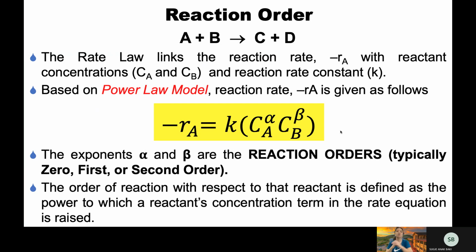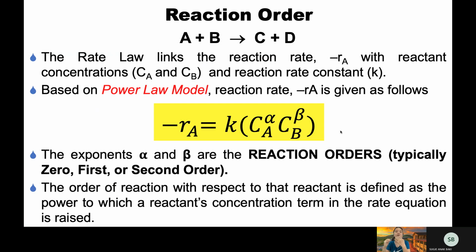Not necessarily will you always get the minus rA data for you to design the reactor. So in chapter 3, we are going to study how we actually obtain this minus rA.